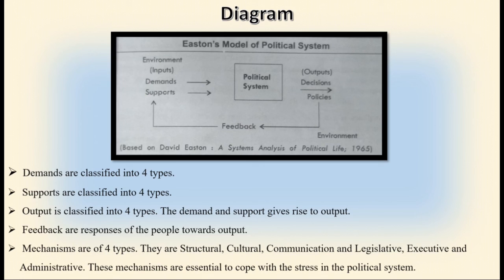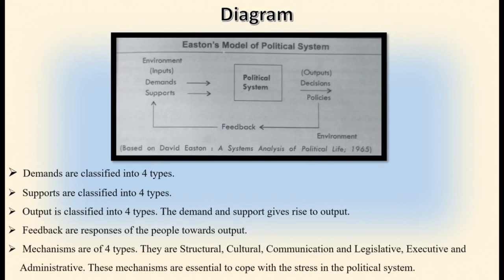D. Demands for information and communication, that is, information regarding policies adopted and its implementation, as well as to communicate during national and international crises. Support. The demand has to be supported, otherwise the political system finds it difficult to sustain.